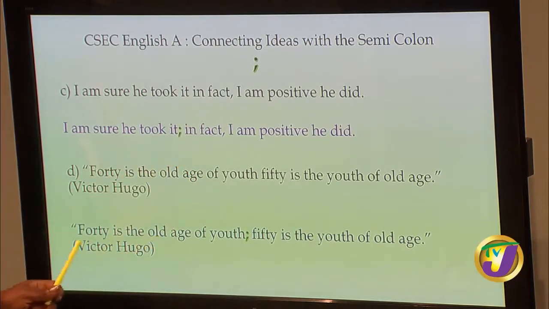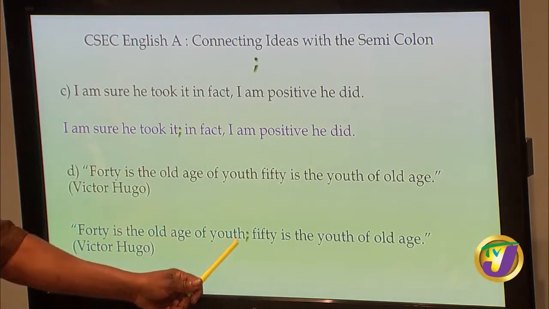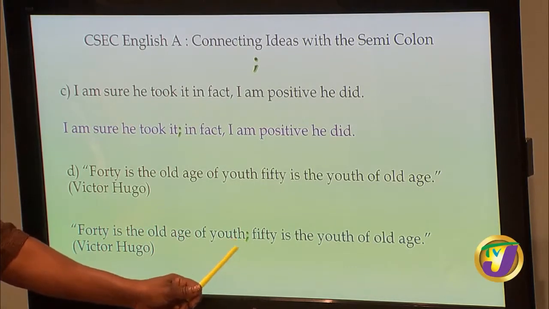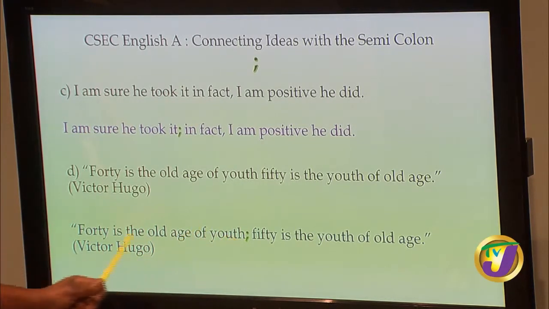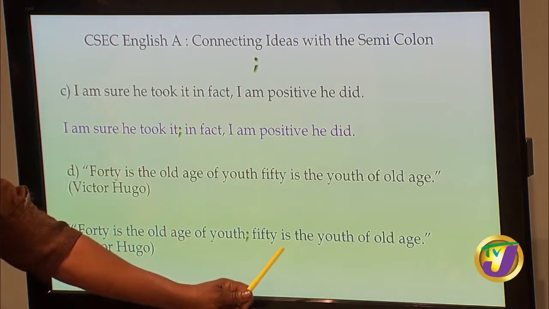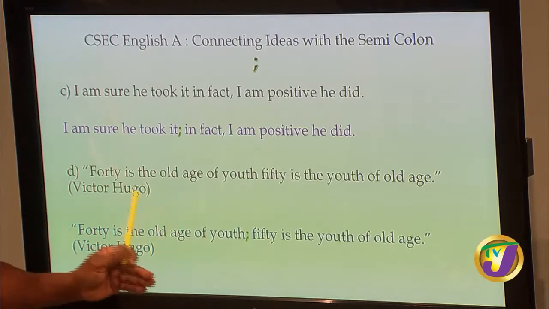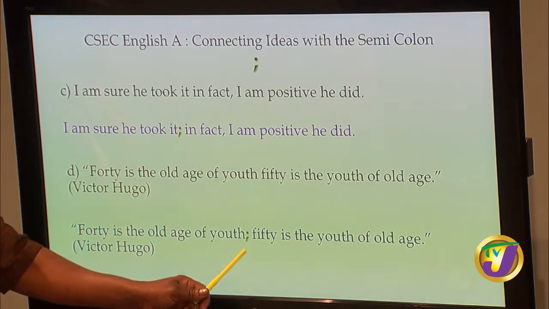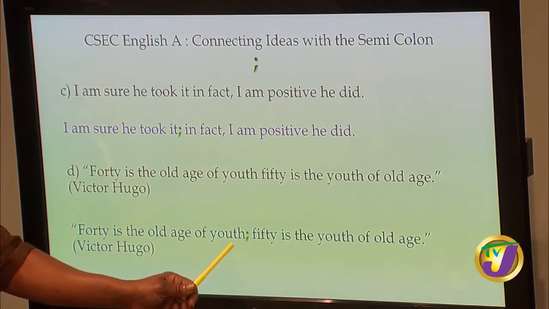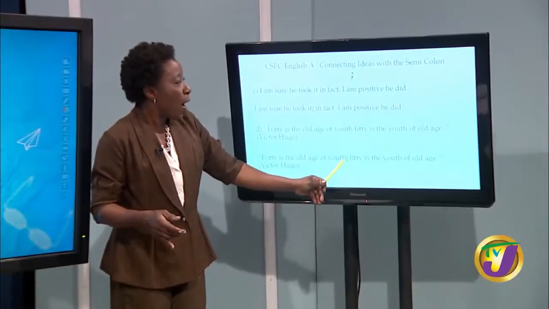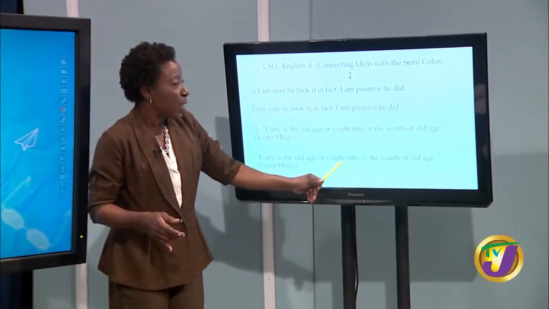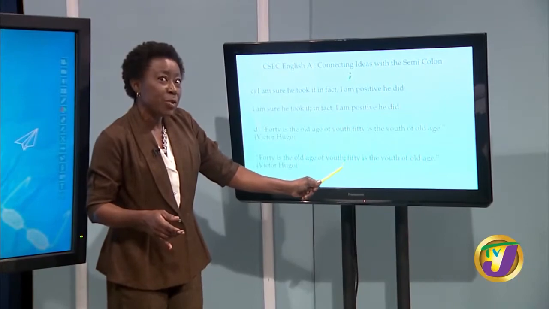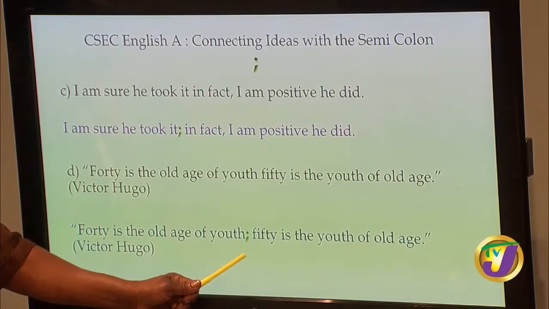But here, so many of you make errors right here, where the two independent thoughts are running along in the same expression and there is no indication of a transition. And I'm going to look into that later on in the lesson. Why we need to look out for this and what is the error that you tend to make right here.